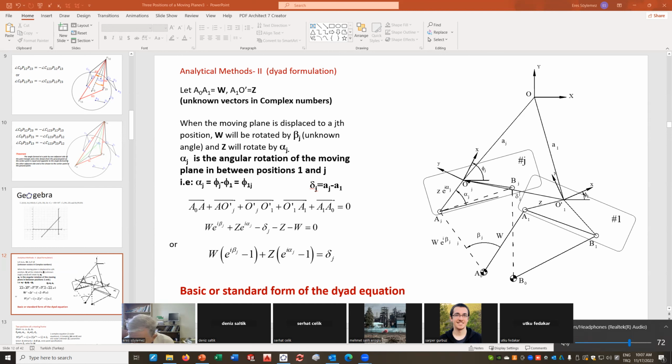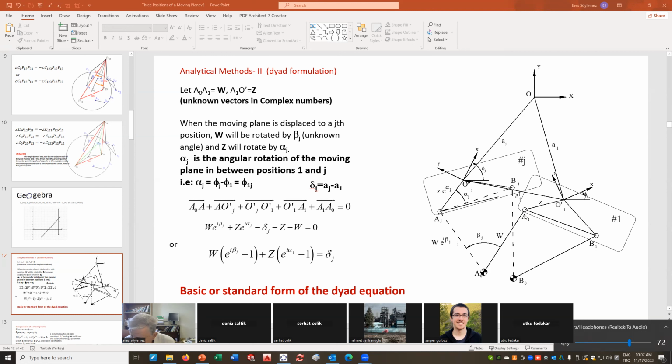Now, this vector A0 A1, if I call it W, has a certain magnitude and a certain angle, which I don't know. And then A1 O1 prime, let me call it Z vector. Okay? The link lengths are constant.